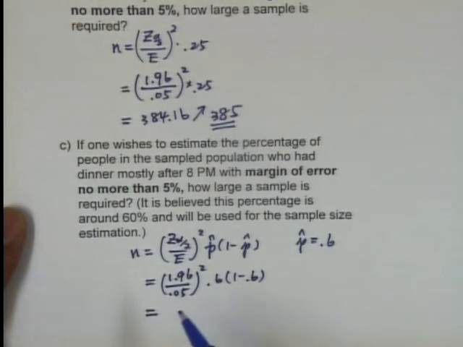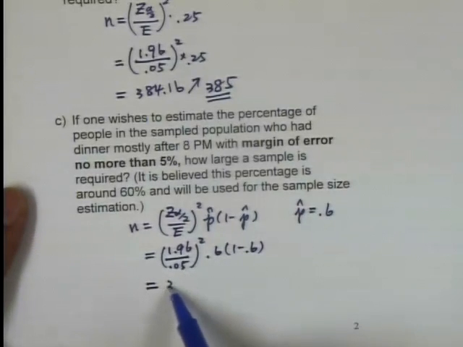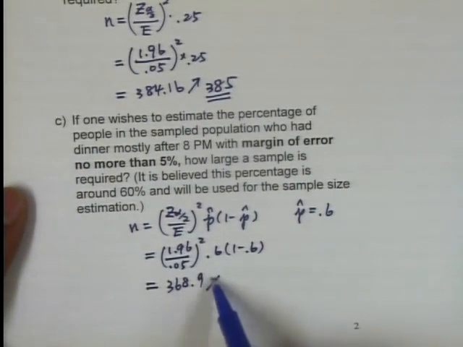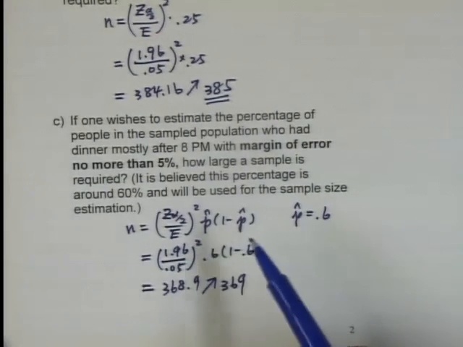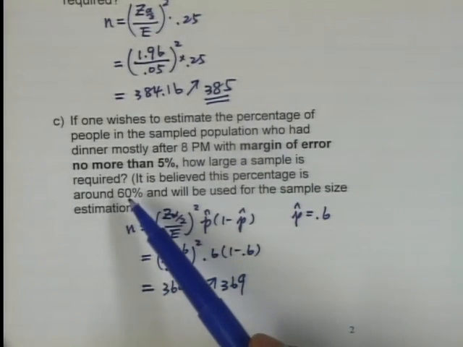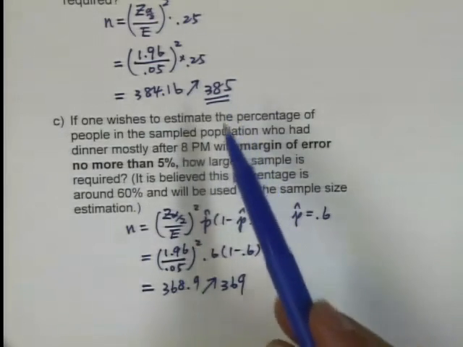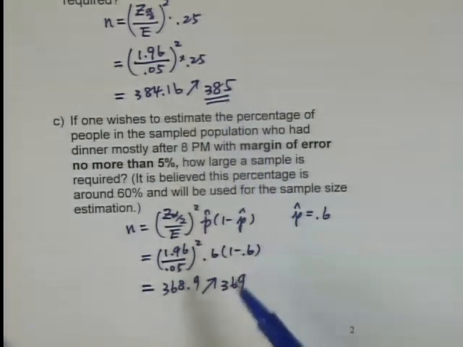You multiply this out, you get 368.9, raised to 369. So with the prior knowledge of the 60% proportion, I actually save a little bit. From 385, I can reduce the sample size to 369. So it's almost 20 counts, okay? Any question? Okay.